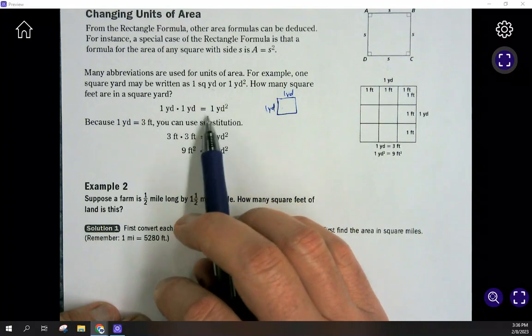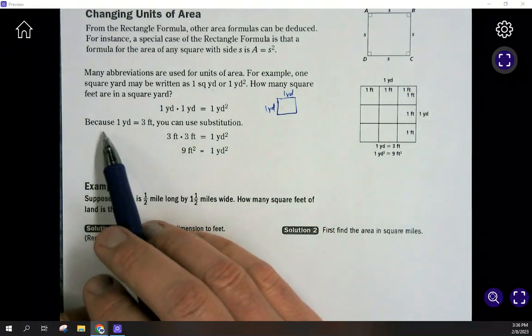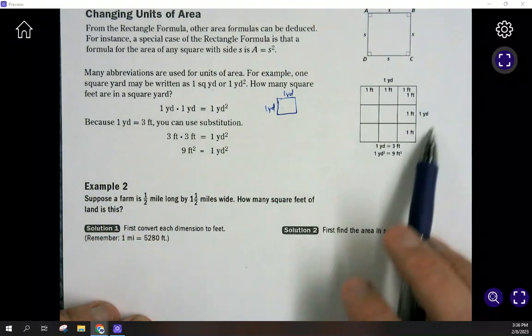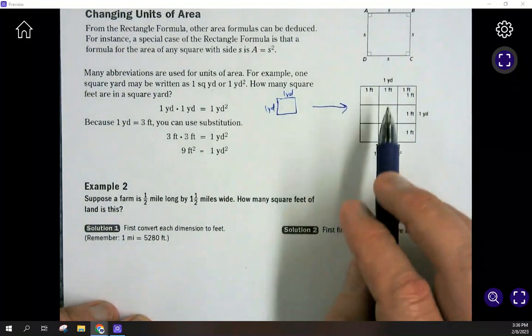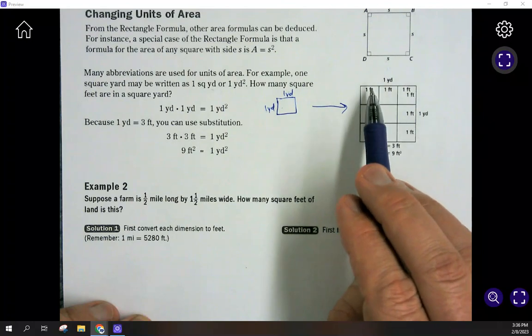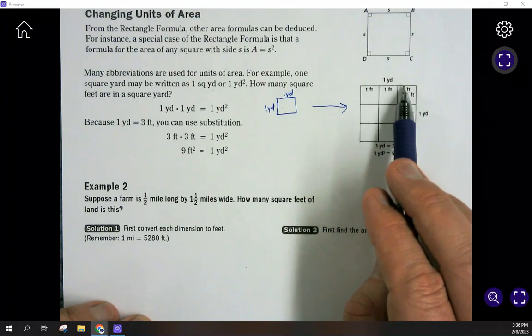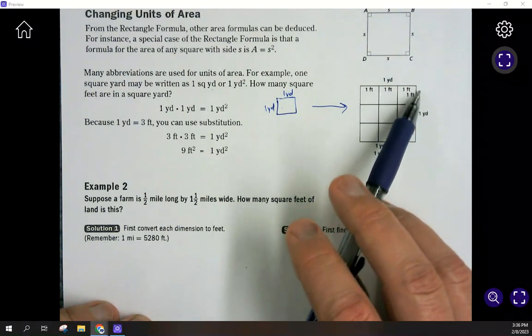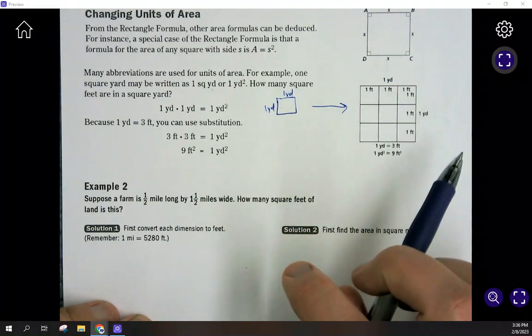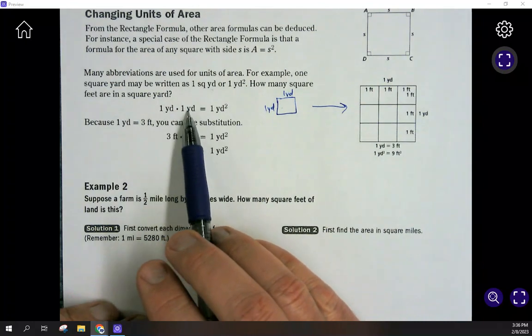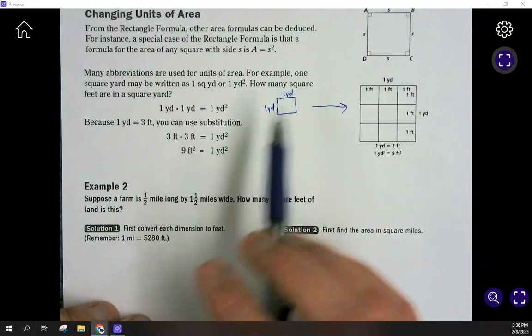Okay, so that's how we get 1 square yard. We know that 1 yard is 3 feet. So if you take a look at this picture, I'm taking this, transporting it over here. This top is 1 yard, but now if I split it into feet, it has 3 feet. And then the height here, which is also 1 yard, is 3 feet. So 1 yard times 1 yard is the same as 3 feet times 3 feet.